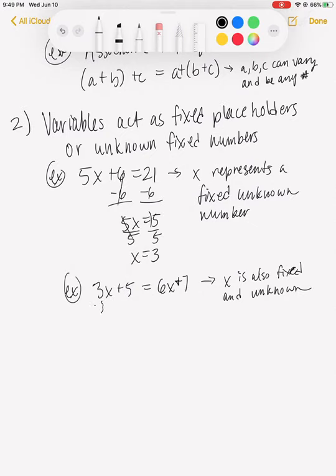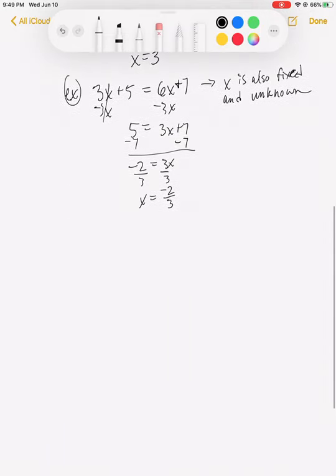We can show this by solving for x. We subtract 3x from both sides, subtracting 7, negative 2 equals 3x, divided by 3. X is equal to minus 2/3. Some fixed unknown number.